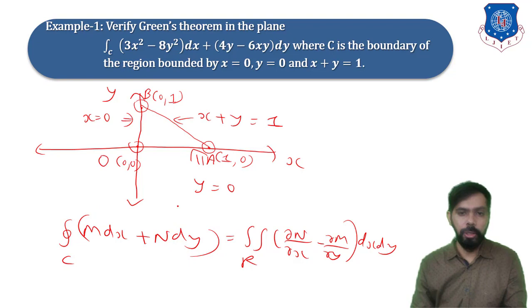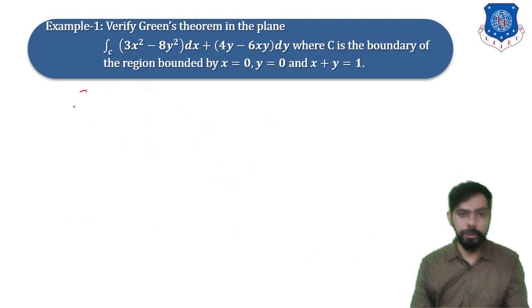So first of all we will find out left hand side, then we will find out right hand side. So first of all we are finding this single integration M dx plus N dy. So for that purpose we will have to consider different paths. First of all we will consider path OA, then path AB, then path BO.